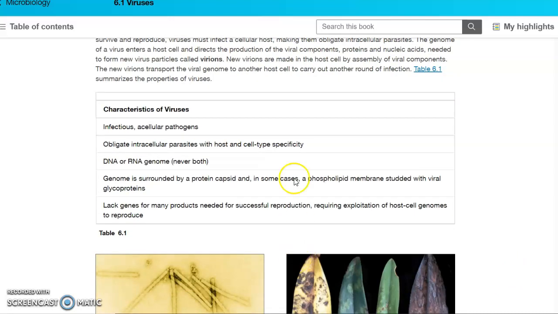Viruses have a specificity in terms of what type of host and what type of cell they can infect. When we look at their genetic material, they will have DNA or RNA, never both. If we contrast that with our cellular parasites that we've been talking about, we know that living cells have both DNA and RNA, but viruses do not.